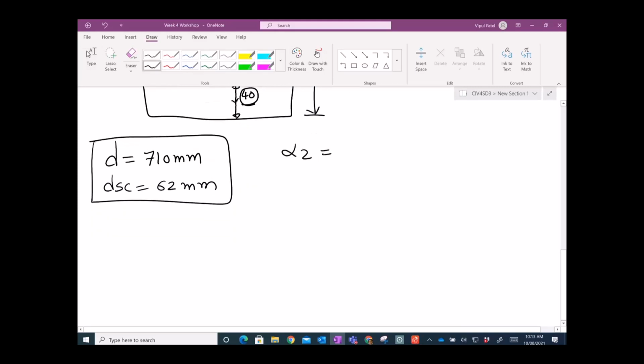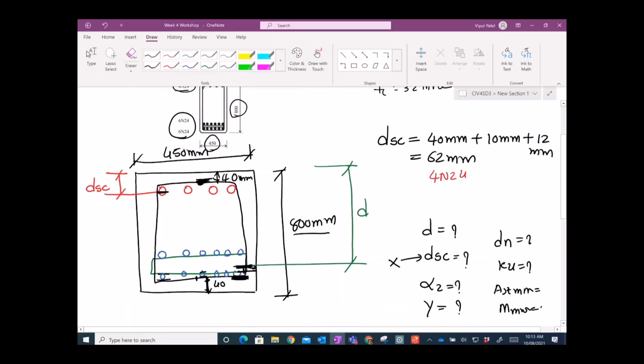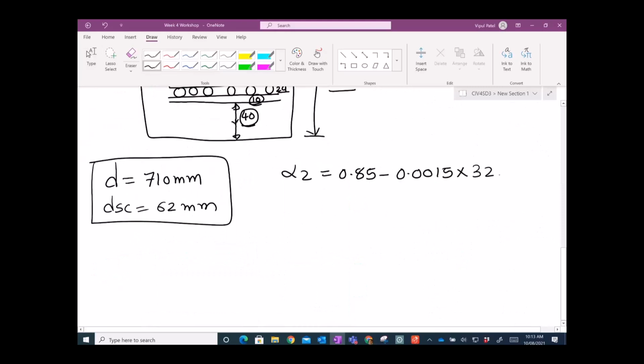Another one is alpha 2. I think you know the drill now. Alpha 2 is equal to 0.85, take away 0.0015 times f'c, which is 32. So by heart I know this one, 0.802, greater than 0.67, so therefore it is okay.